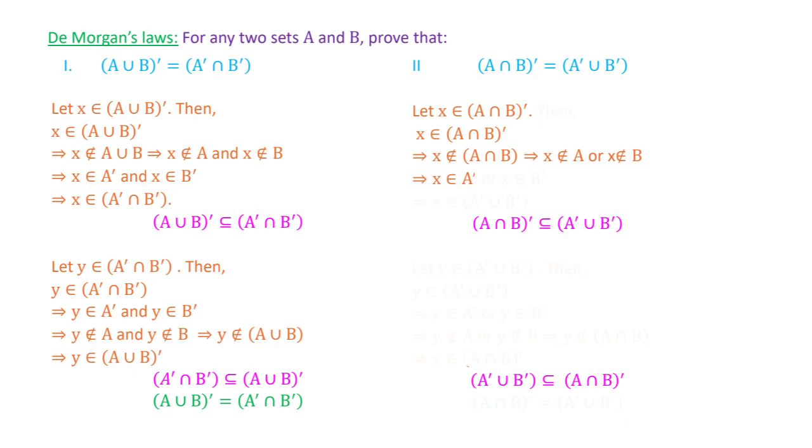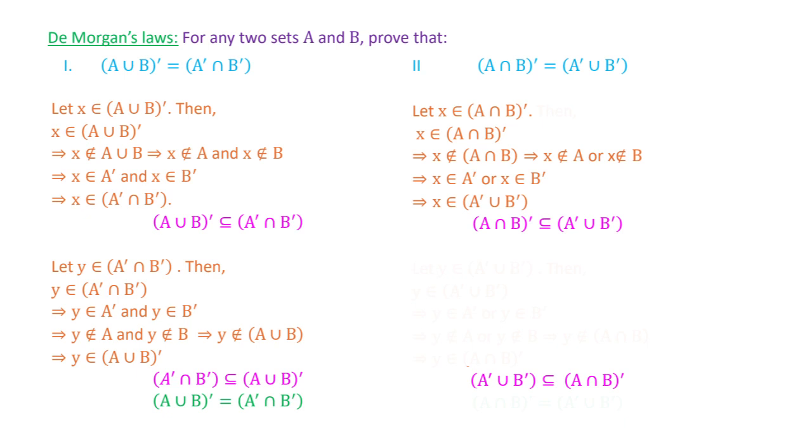After this we have OR there, and then we have X does not belong to B. So if X does not belong to B, it means X belongs to B complement. Now in place of this OR, we can write the symbol for union. So we obtain that X belongs to A complement union B complement. So this proves the first part.